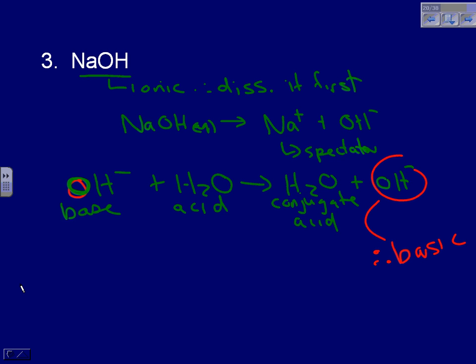Conjugate just means opposite. It means once it was the base, it then became the conjugate acid. So a base, once it's gained a proton, becomes its opposite acid. The base gains a proton and becomes its opposite acid.